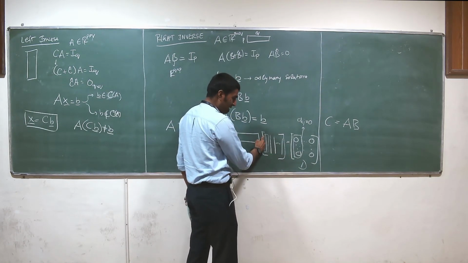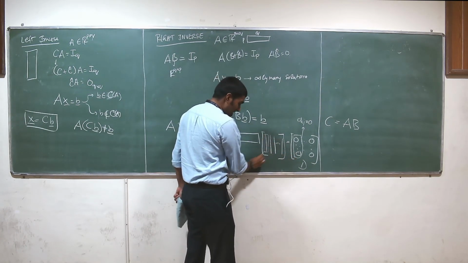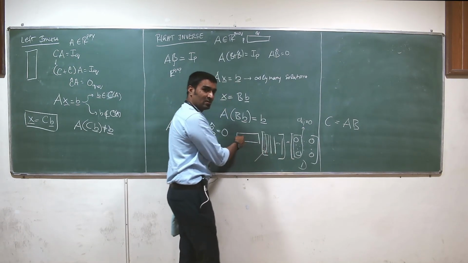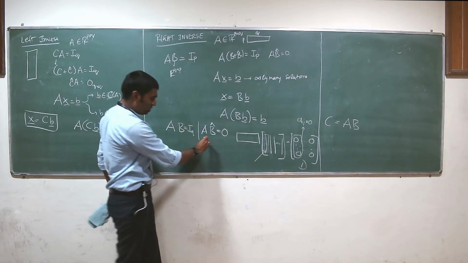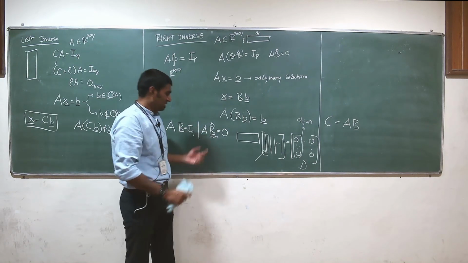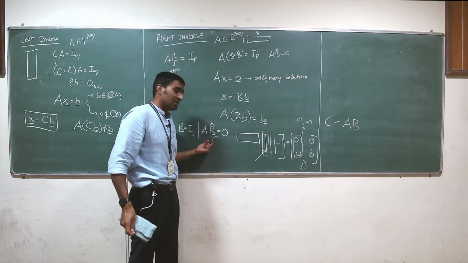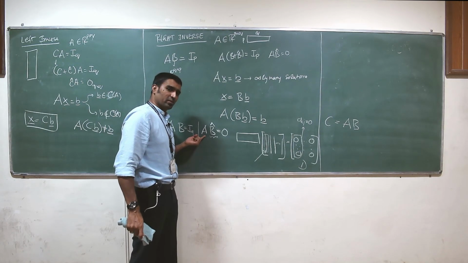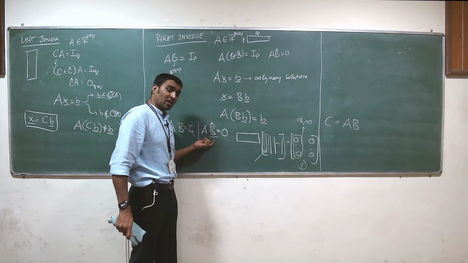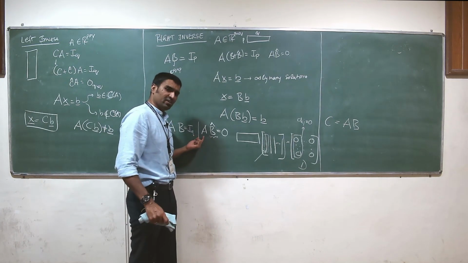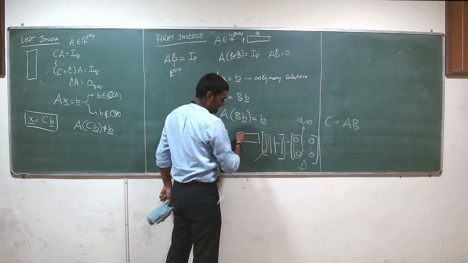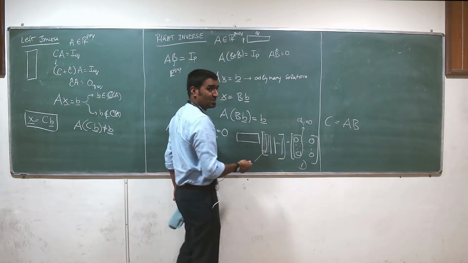If a matrix multiplied by a column gives you the zero vector, this vector must be in the null space of this matrix. Okay, so the columns of B cap are essentially elements from the null space of A. The elements in the null space are orthogonal to the rows of A, right? So that's also stated in this, right? If you take the inner product of the rows with the columns, they get 0.